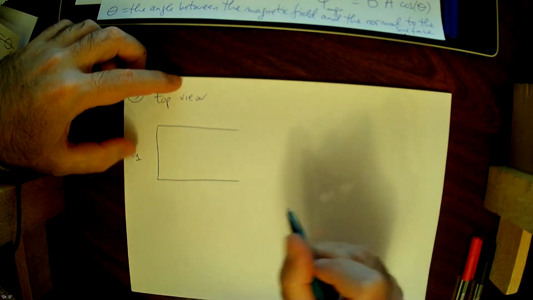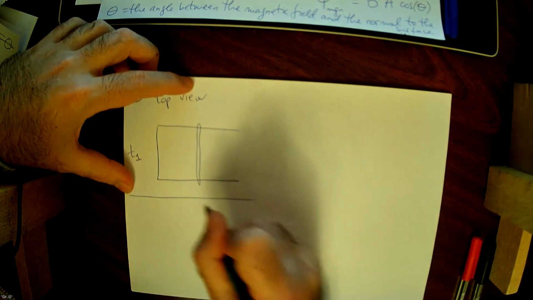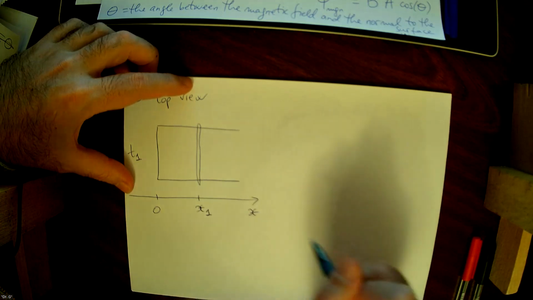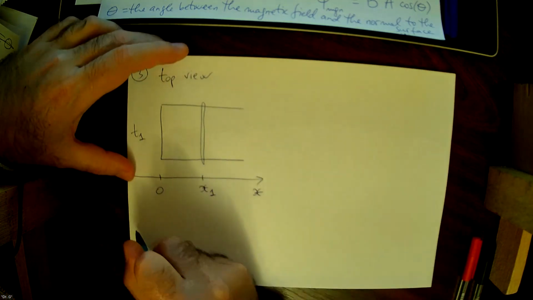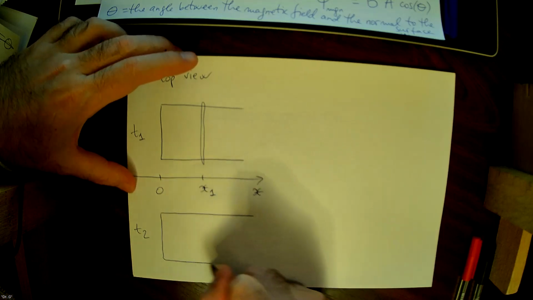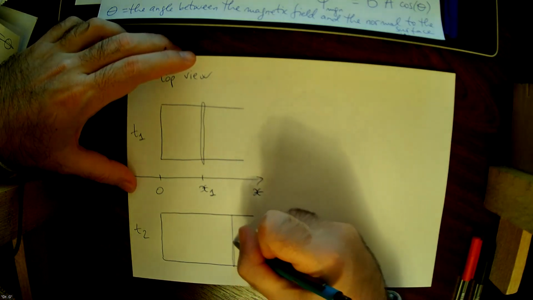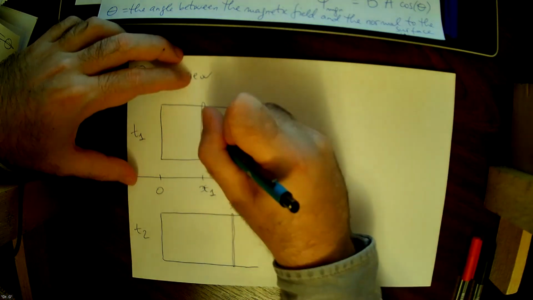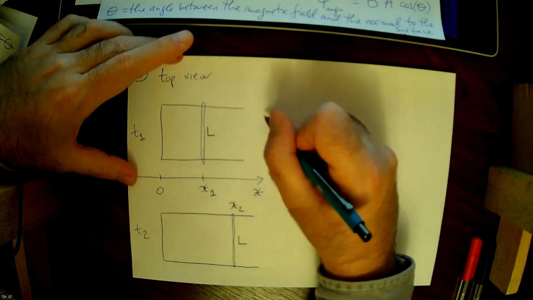At time t1, the rod is at position x1, and at time t2, the rod is at position x2, and the rod has a length L. What is the area here?